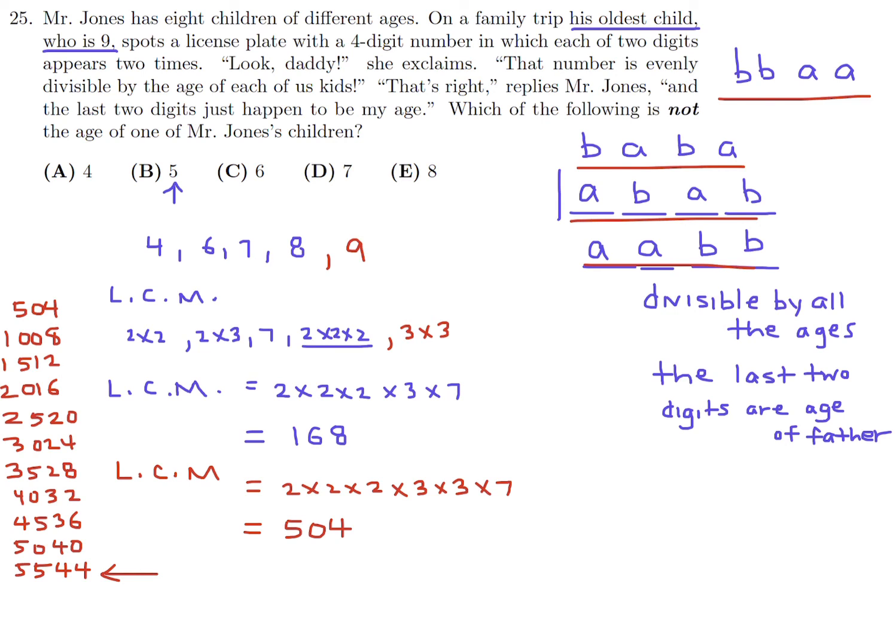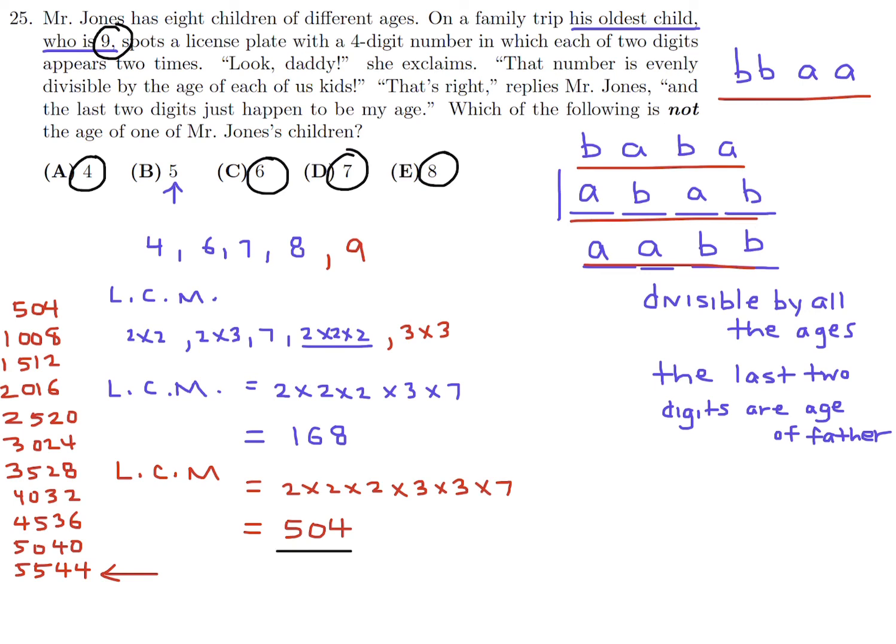That is in this form right here. Now let's see if it meets our criteria. First criteria is that it has to be divisible by all the ages. And we actually don't know all the ages, but all the ages that we do know, 9, 4, 6, 7, and 8, it divides those.